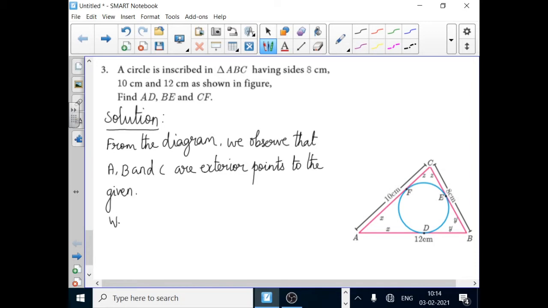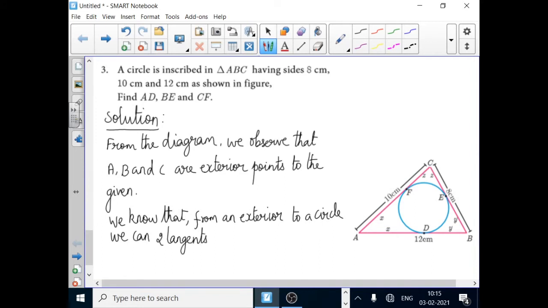We know that from an exterior point to a circle we can draw two tangents, and they are equal in length.